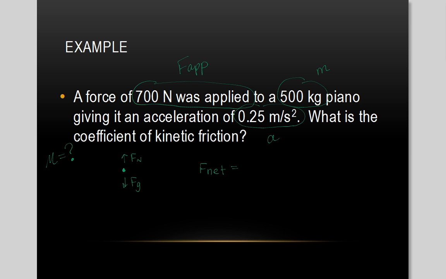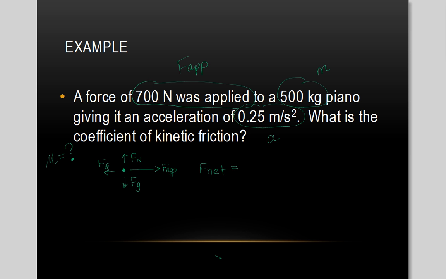Is one bigger than the other? Yeah, good. So here's force applied. And here's force friction. If you look at that free body diagram, you can see that it's going to accelerate to the right. So the F net is the sum of all forces.